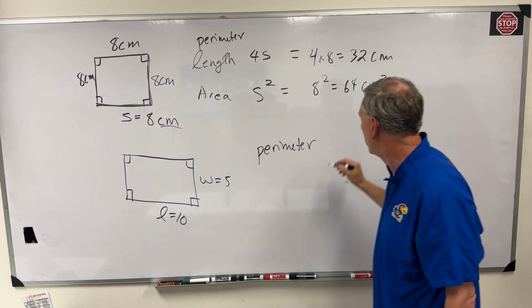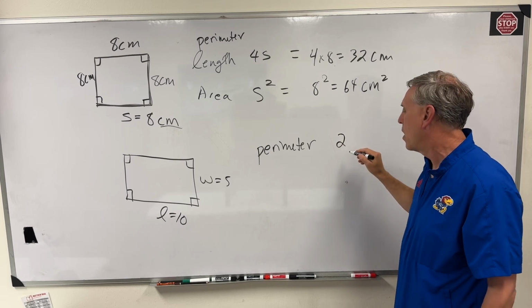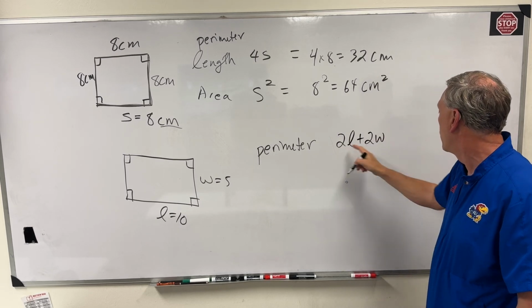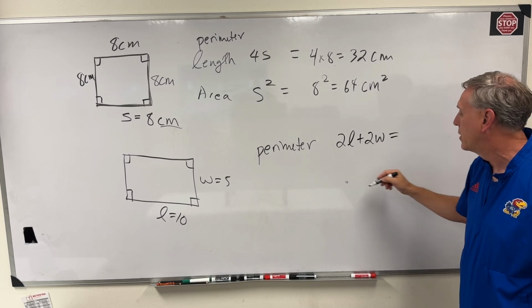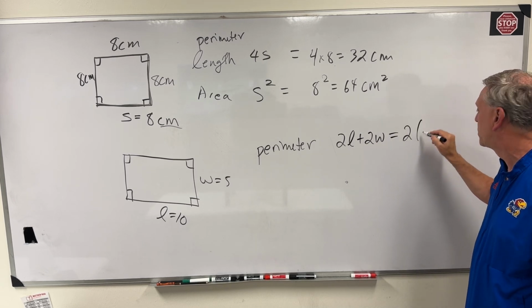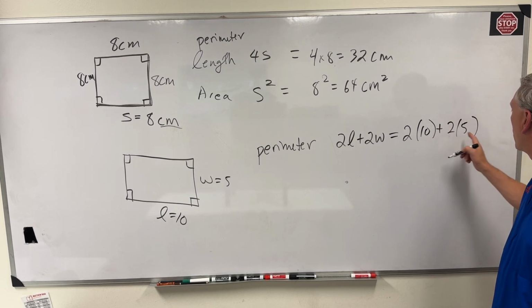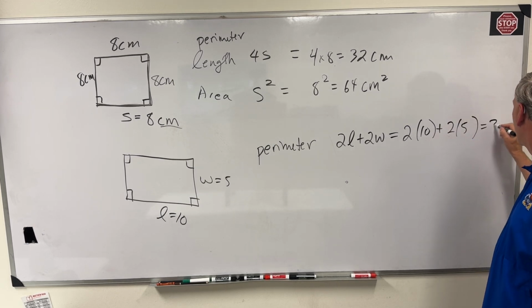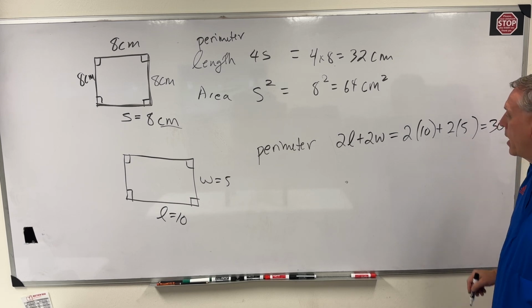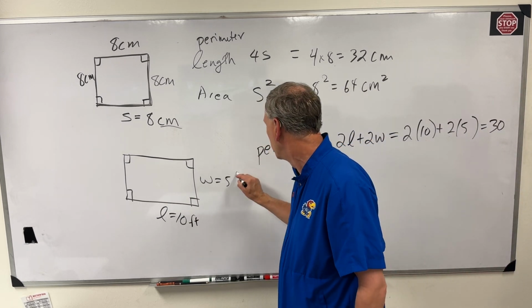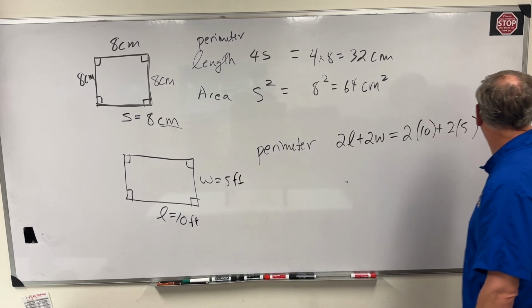This perimeter would equal, in terms of formula, 2L plus 2W. In this case, we'd get 2 times 10 plus 2 times 5, so 20 plus 10, this is 30. And again, depending on our measurement, let's suppose this is feet, we'd have 30 feet.